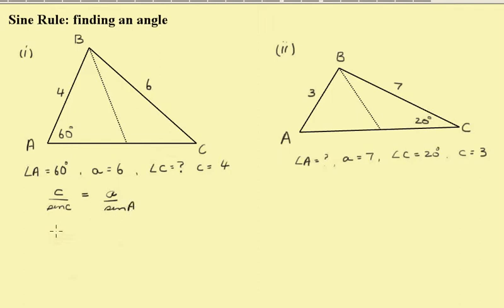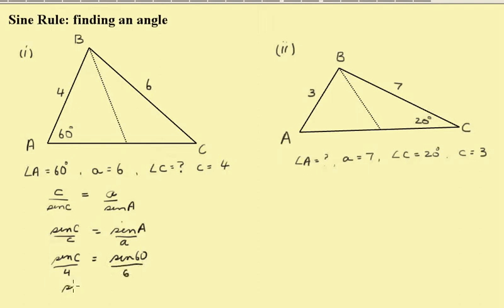Now we can flip these and write this as the sine of C over c is equal to the sine of A over a. So the sine of C over 4 will be equal to the sine of 60 over 6.